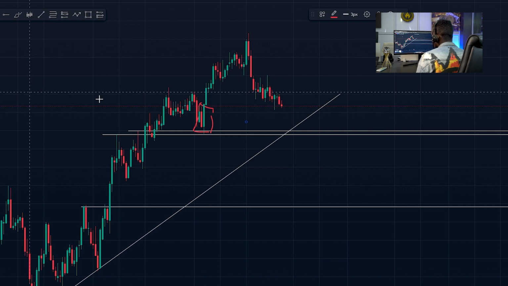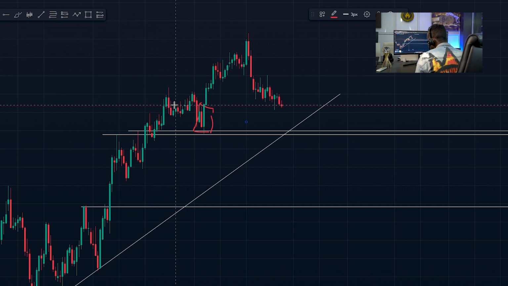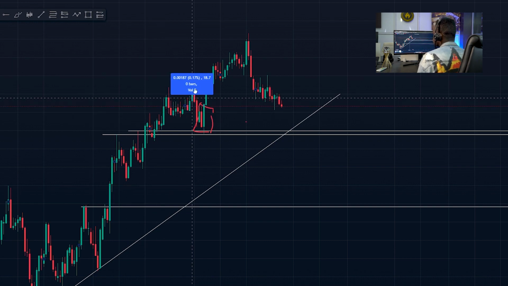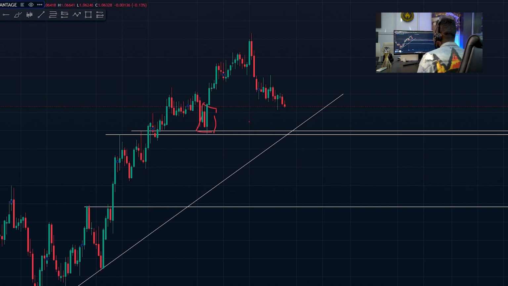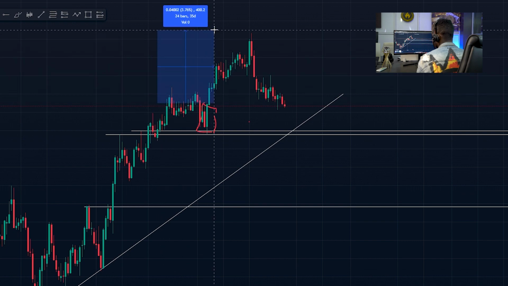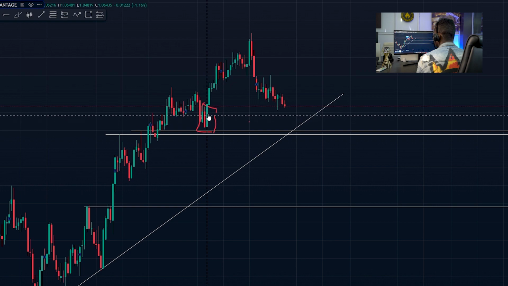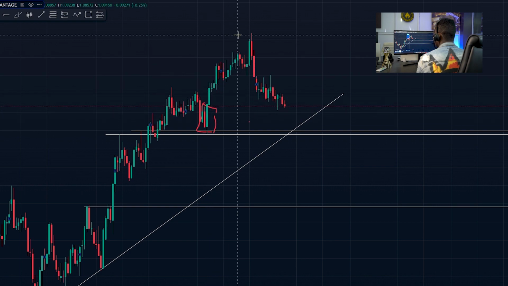Let's measure it. So the market bought from here. Wow. Nearly 400 pips. So it met this turning point here, gave a bullish engulfing, and it bought heavily.